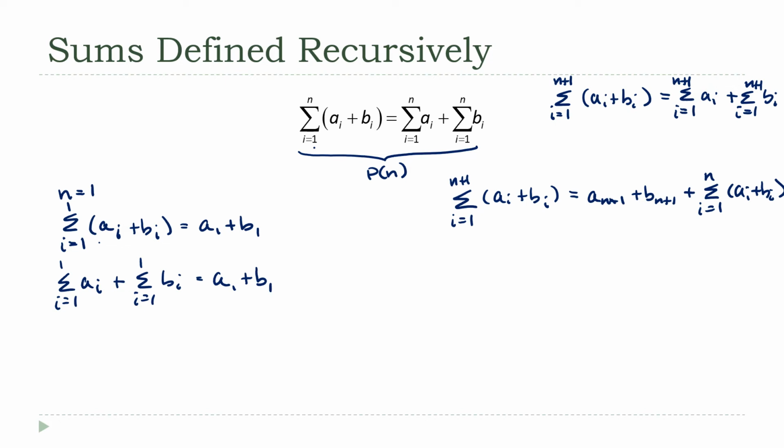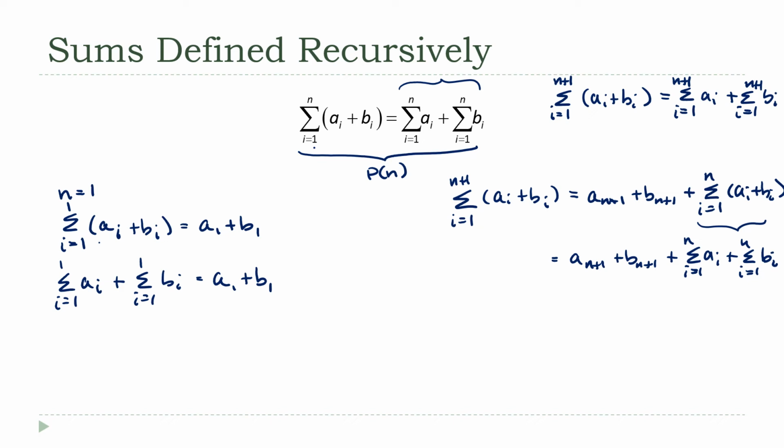Okay, so what do we know then? But look, our inductive hypothesis says this part is equal to this. All right, so let's rewrite it that way. This is a sub n plus 1 plus b sub n plus 1 plus the sum i equals 1 to n of a sub i plus the sum i equals 1 to n of b sub i.